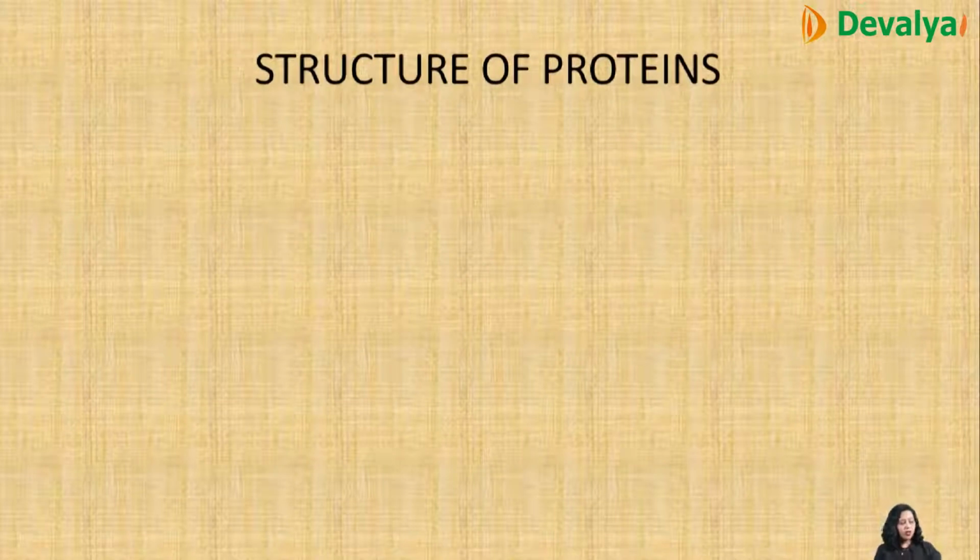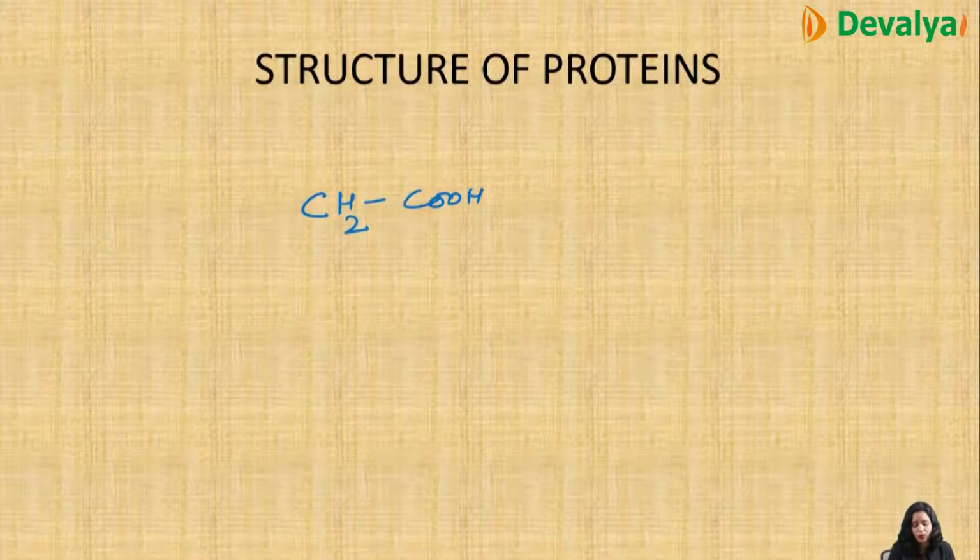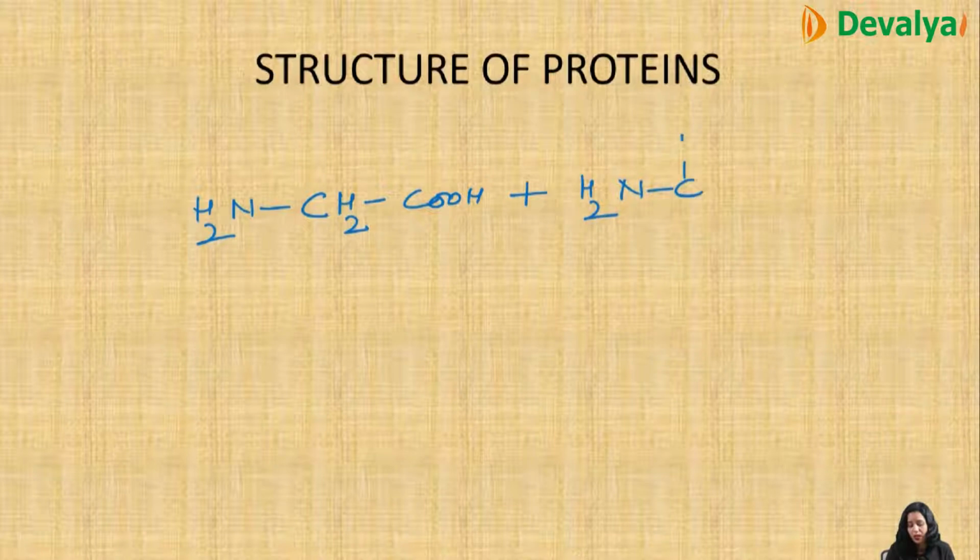Next, what is the structure of the protein? Structure of the protein: when two amino acid units join with each other, like you have COOH and you have NH2 here. Then again you have NH2 here, suppose HR, and COOH this side. Now OH moves from this side, H moves from this side.